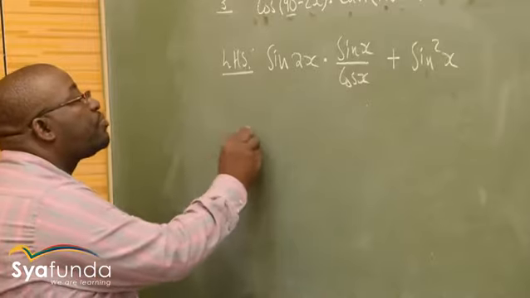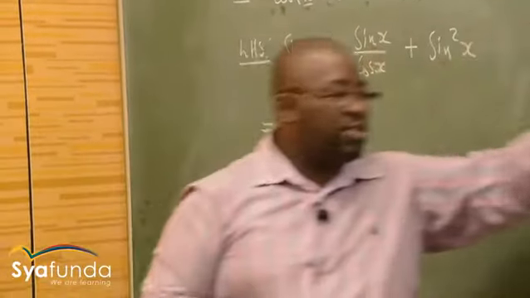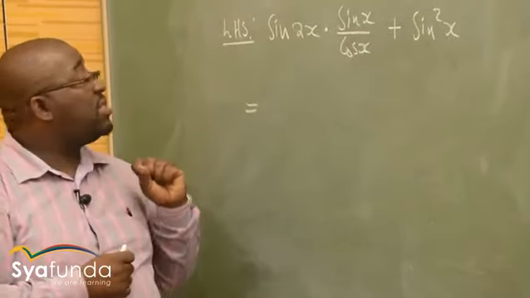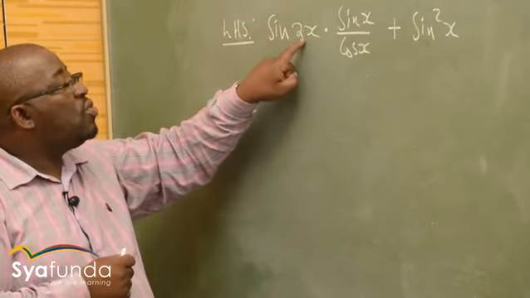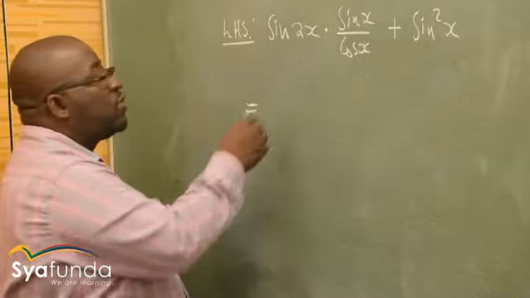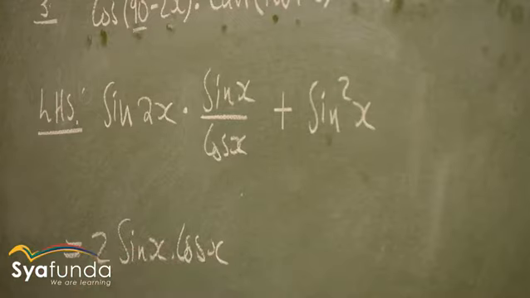Let's move on. Remember, this is given in the formula sheet. So what is sine 2x? This is a double angle. It will be 2 sine x times cosine x.